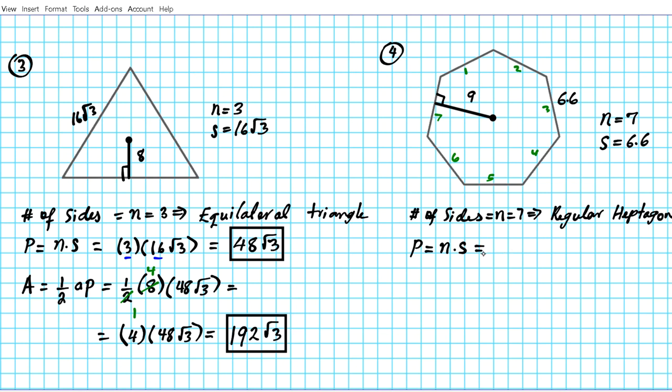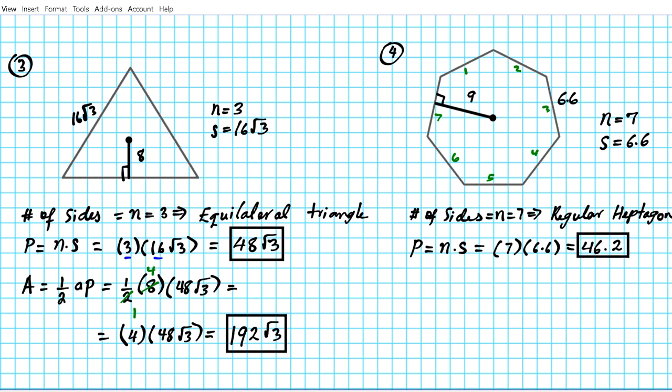So we just compute the product of 7 and 6.6, and that will give us the perimeter of our regular heptagon. 7 times 6.6 is 46.2. That is the perimeter of our regular heptagon.